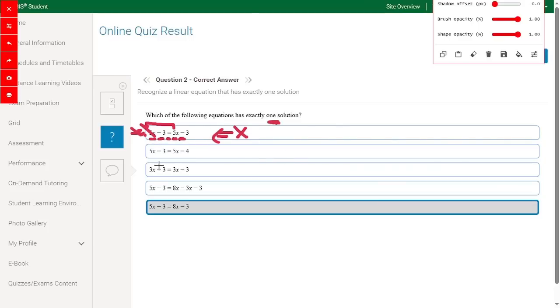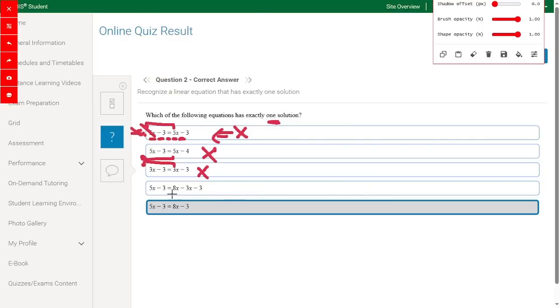So this is the wrong answer. The second one is the same. 5x will go to the other side, minus 5x plus 5x is 0 also. So wrong. 3x minus 3 equals 3x minus 3. 3x will go to the other side with minus 3x plus 3x, 0. So there is no single solution for this one.